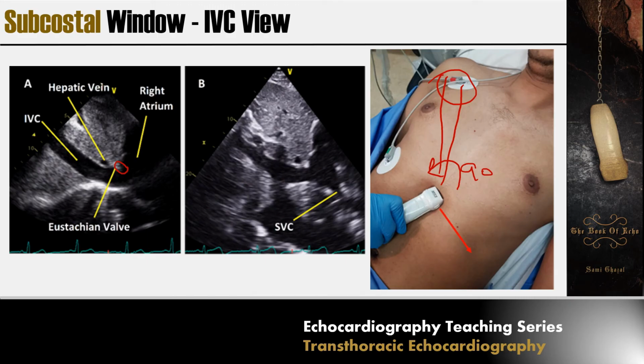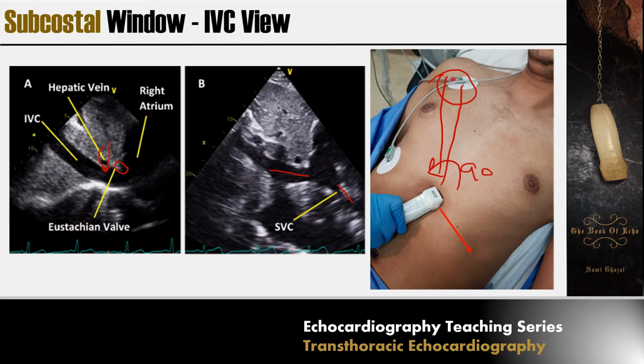Also, a hepatic vein can be seen emptying into the IVC. If you move the probe and angulate and tilt a little bit superiorly, you can see also the SVC. If you see the SVC here and the IVC, now you have both vena cava here.